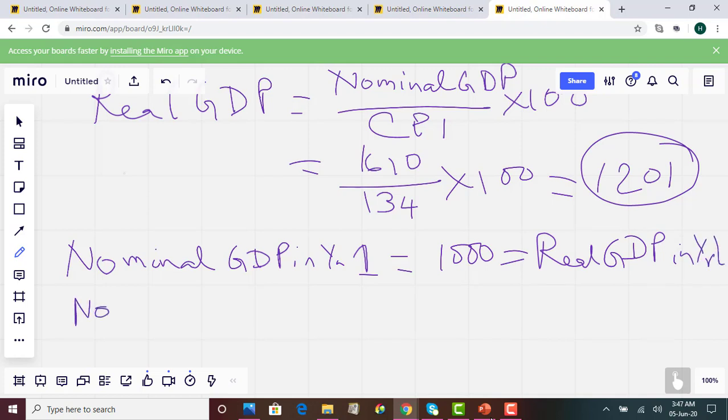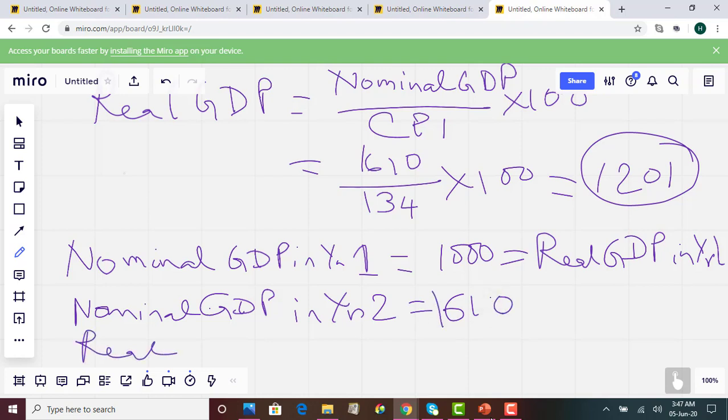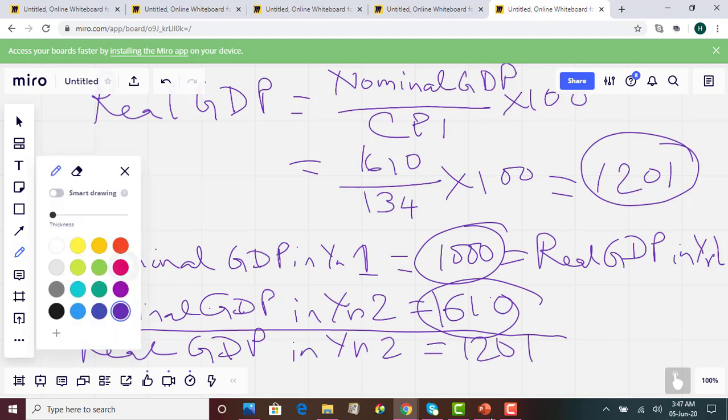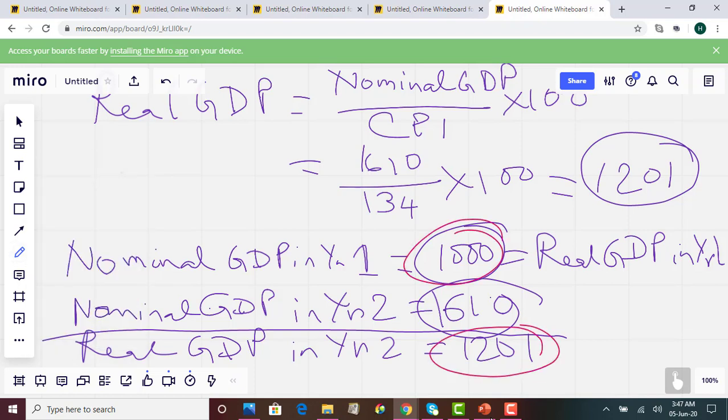Then nominal GDP in year 2 we calculated as 1610, and real GDP in year 2, which is the actual number we should compare, is 1201. If we only compare the nominal numbers, we would say, oh wow, the GDP has gone up so much, we are doing so well. But in reality, we have to compare the real numbers, because that has been adjusted for inflation.